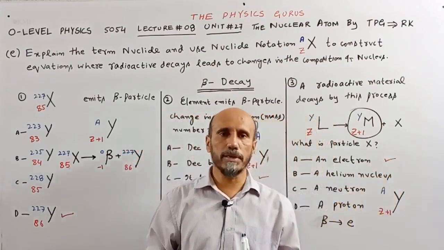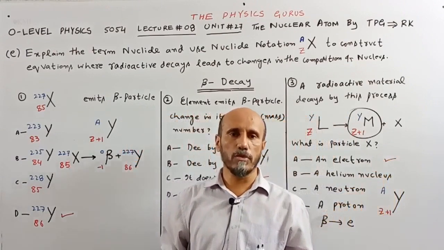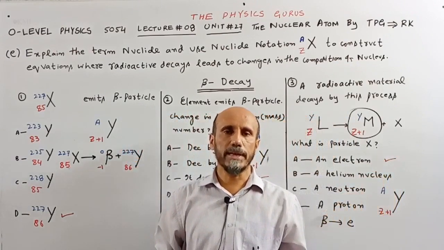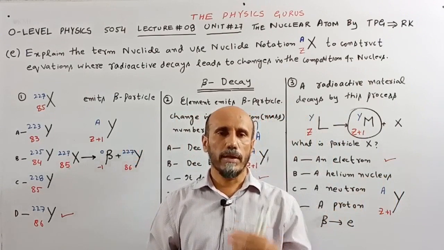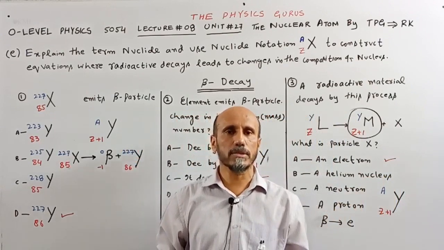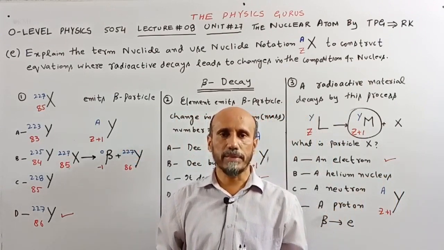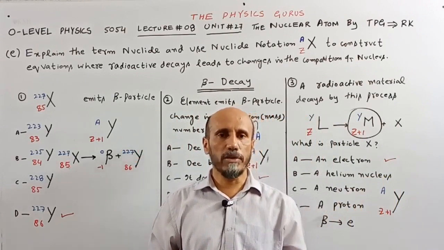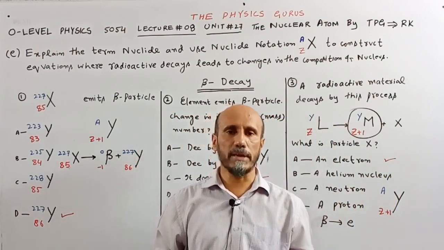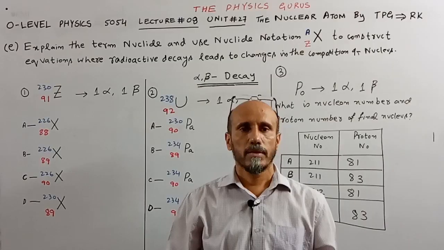Now we will proceed towards the combination of decays, that is, a radioactive element emits an alpha particle, then afterward the newly formed element emits a beta particle, or vice versa.